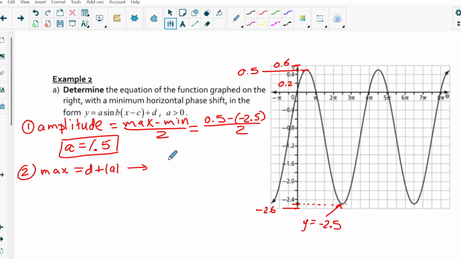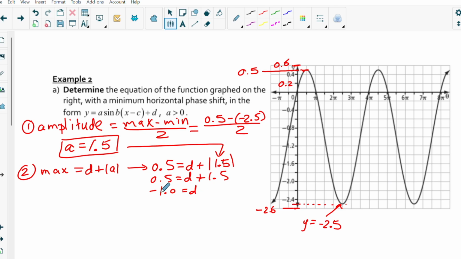Maximum value is 0.5 equals d plus the absolute value of 1.5, and that's our a value from before. So that is 0.5 equals d plus 1.5, and therefore negative 1.0 equals d. So let's put a box around that. Number 3.